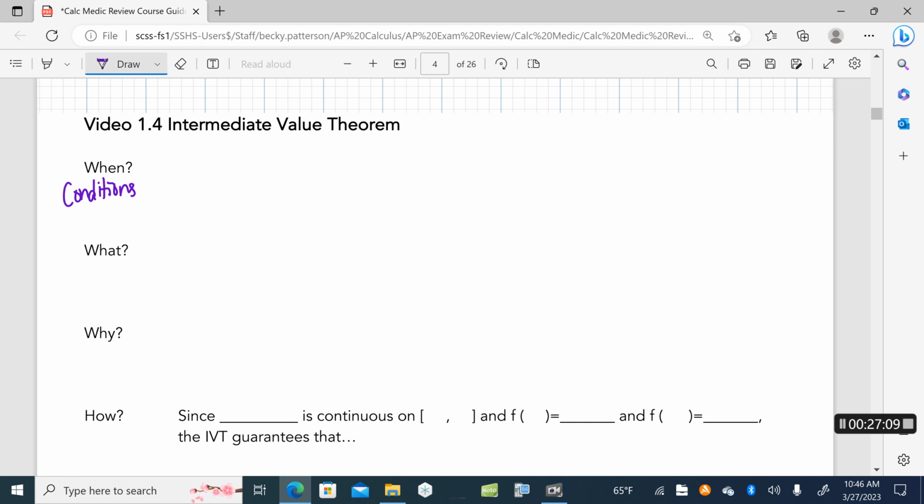The only thing that has to be okay to use the IVT is f of x has to be continuous on the closed interval a to b. So f of x has to be continuous on a to b. All right, so this is your conclusion.